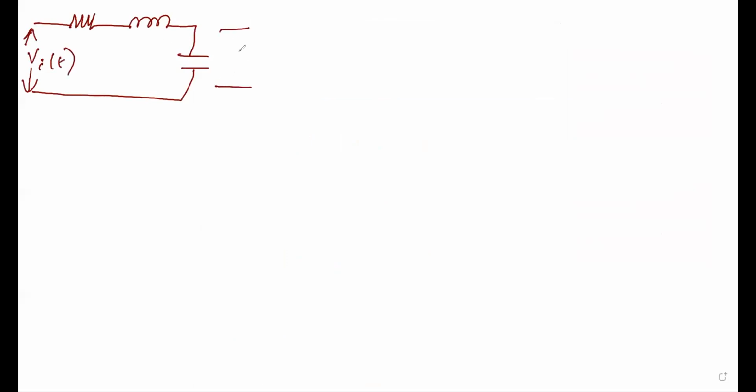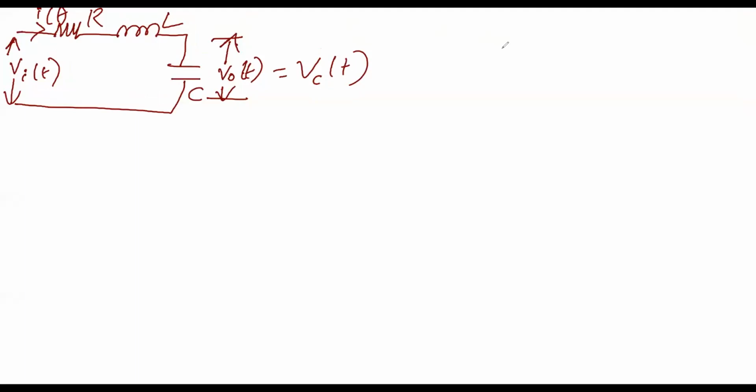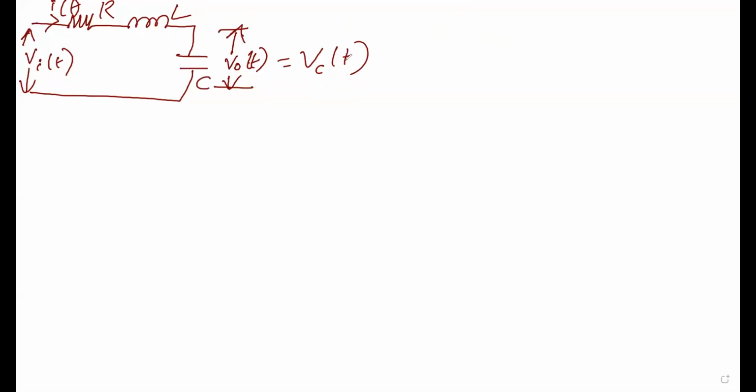So first tell me, what are the storage elements for this circuit?